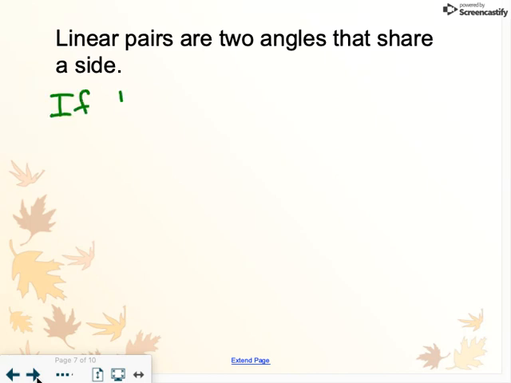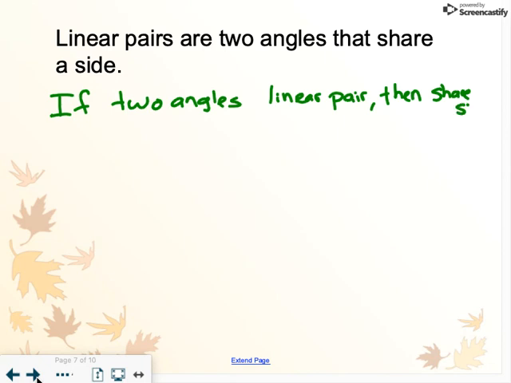If we look at that statement, this statement would be true.